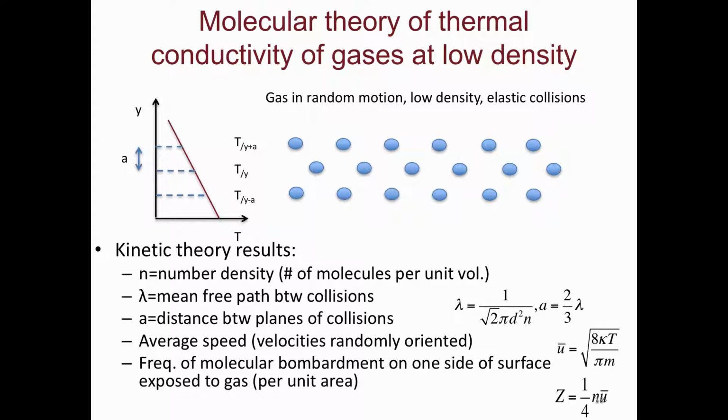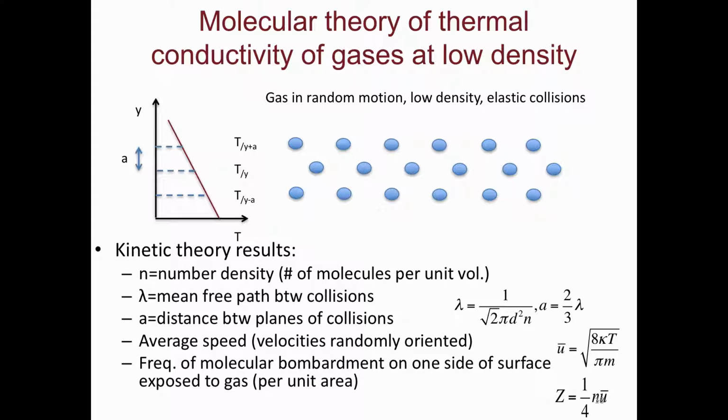Now, the average speed: the velocity field is randomly oriented, so presumably whichever direction I look, I will have the same distribution of the velocity directions, but their speed is actually related to the temperature. So this is a great result that basically gives me some average behavior, which is temperature, which I measure macroscopically, and the speed of molecular movement, and that's where the Boltzmann constant comes in, as well as the mass of the molecule.